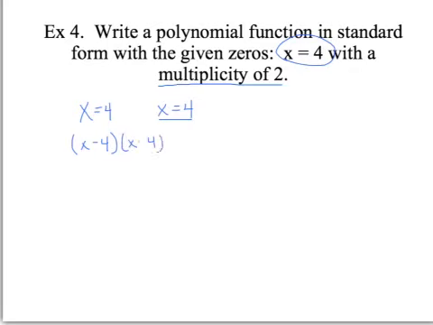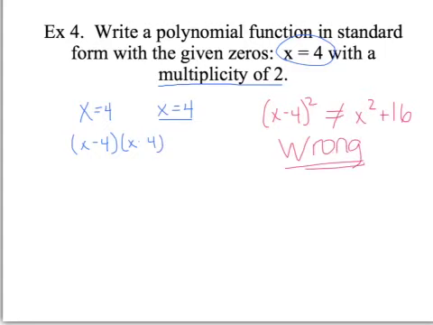Now, if you would like to rewrite this as x minus 4 squared, that's perfectly fine. Just make sure that your answer is not going to be x squared plus 16. This is wrong. And to show you, I'm going to go ahead and multiply these together. But first I'm going to give a name to my function.